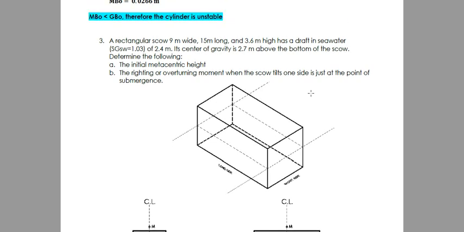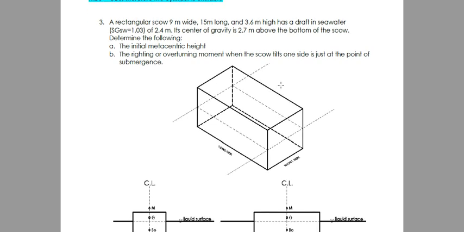So we have a scow or a barge. Usually barges are used as a temporary placement of cargoes at ports, seaports. The cargo is placed there temporarily before it is loaded to the ship or transported inland.